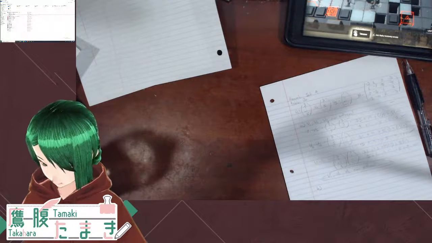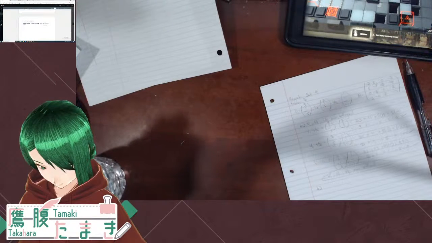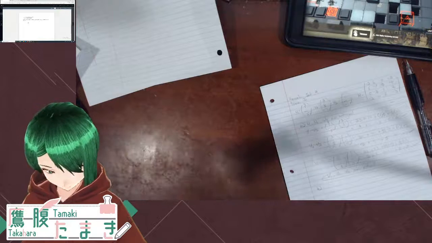I mean, honestly, isn't it faster to just find the eigenvalues first?